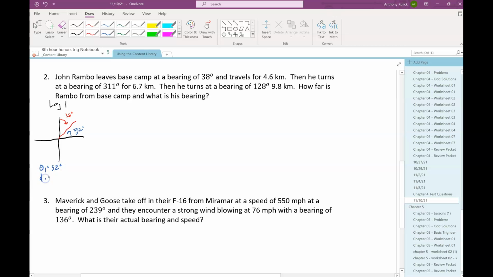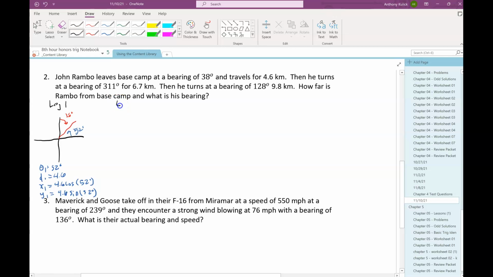My distance is 4.6. So if I break that into a horizontal component, I have 4.6 cosine 52 degrees. And a vertical component, that's 4.6 sine 52 degrees.